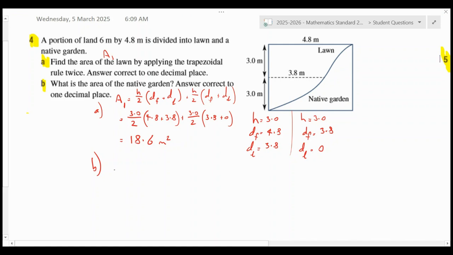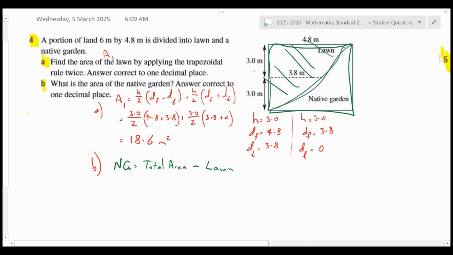To me, the native garden is the total area minus the lawn area. This is the total area there, and I just want the native garden part, so I don't want the lawn.